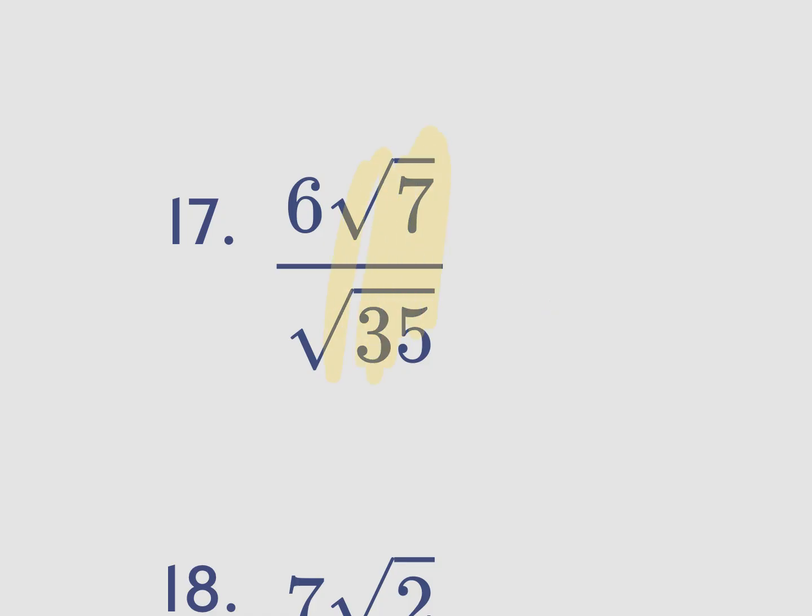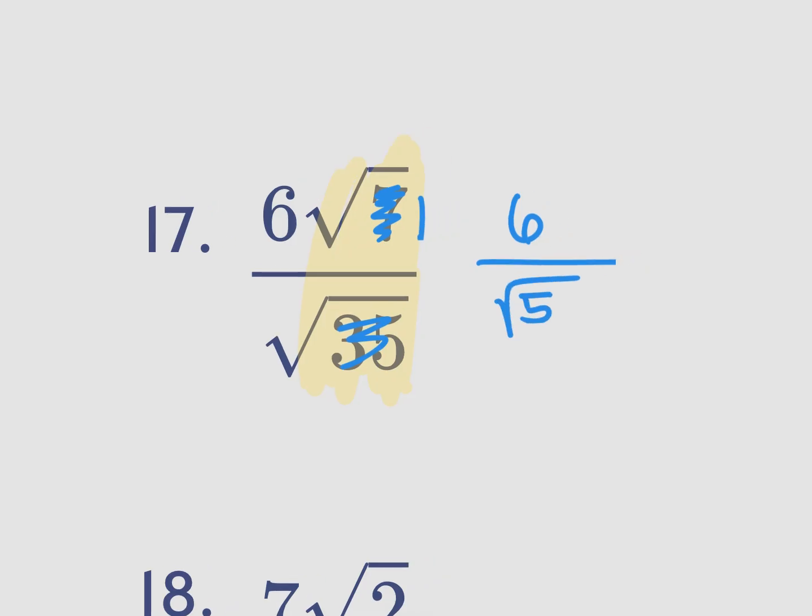With the 7 and the 35. Are they both underneath a radical? Yes. Does 7 go into 35? Yes. So simplify that. 7 goes into 7 once, so that leaves you with 6, times the square root of 1, which is 1, over, how many times does 7 go into 35? 5 times. Now your problem is much easier.